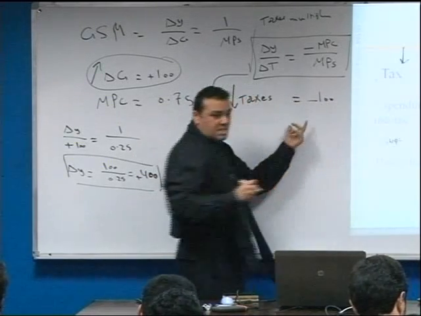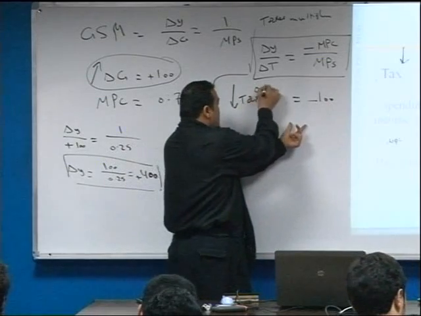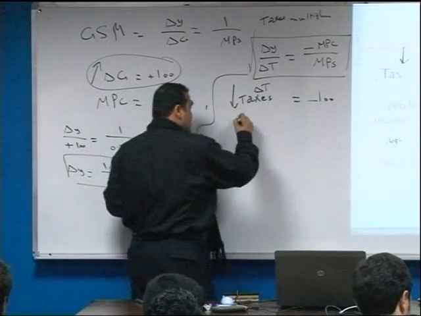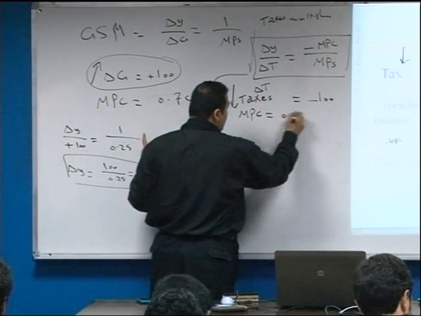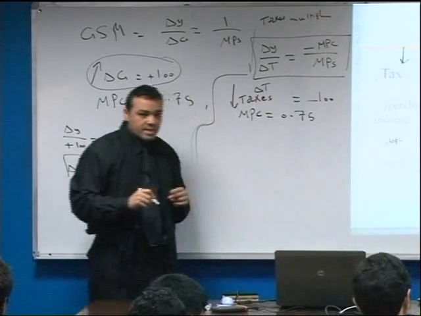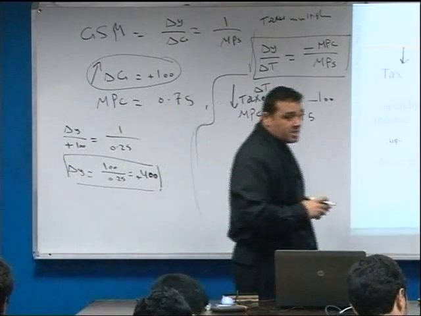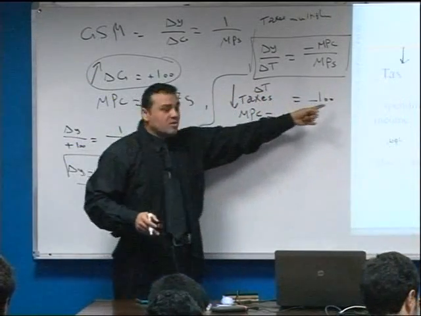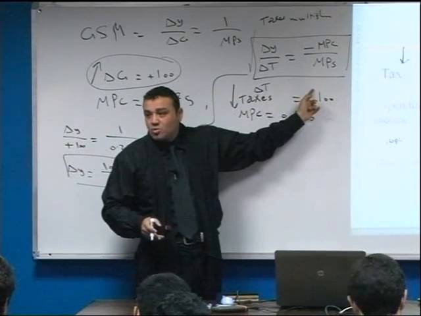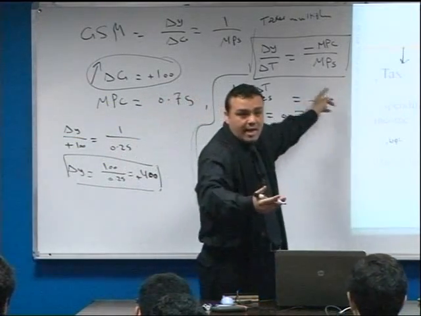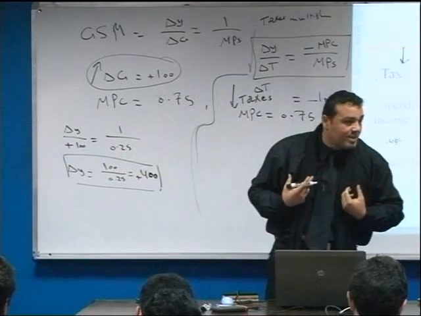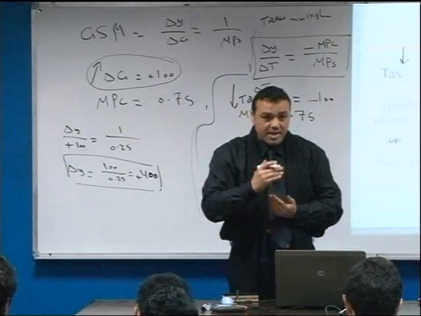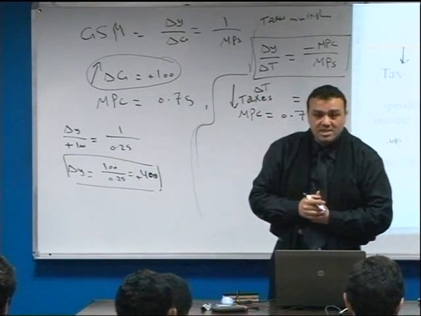So we have a decrease in the taxes. Delta T equals minus $100 million, and MPC is the same, 0.75. The question is, calculate the change in the aggregate output. In general, the reduction of the taxes leads to what? To increasing the aggregate output, because the decrease of the tax collections stimulates the economy.